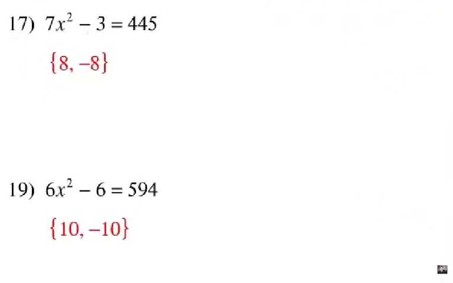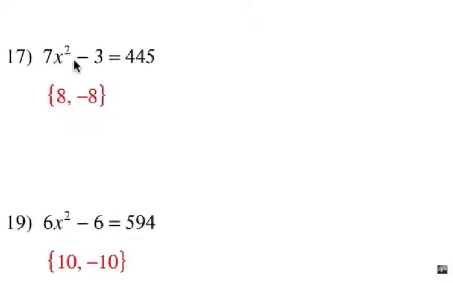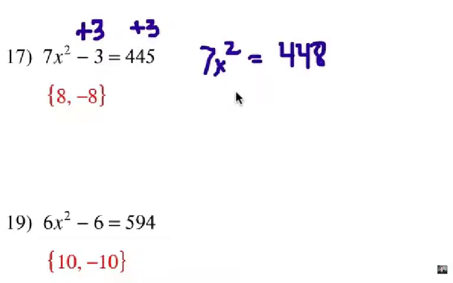Now in all cases, I have a squared exponent term here, and the constant needs to be moved over to the right. So in this case here, we're going to add 3 to each side. 7x squared equals 448.